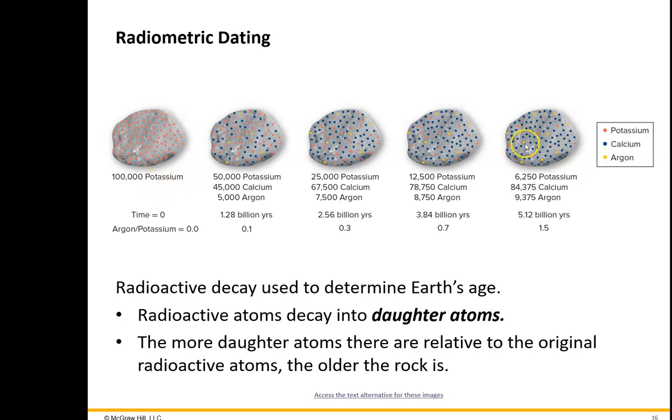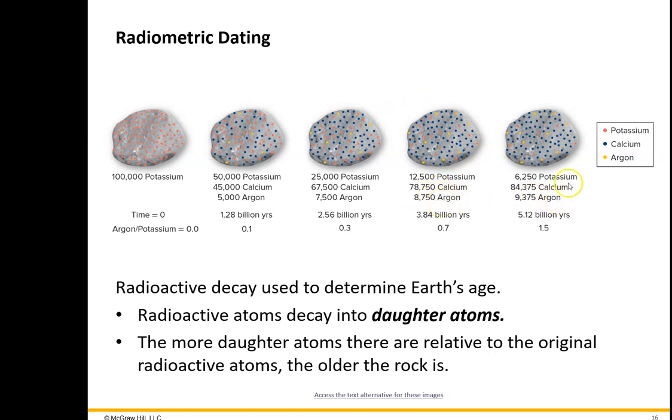You don't know how many potassium atoms you started with, but you can assume that there were no argon atoms in the rock when the rock solidified. The argon comes from radioactive decay, and that's the only way that the argon gets in there.